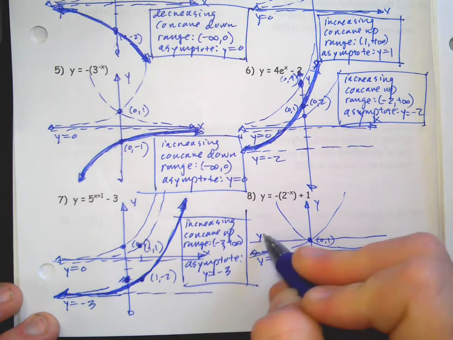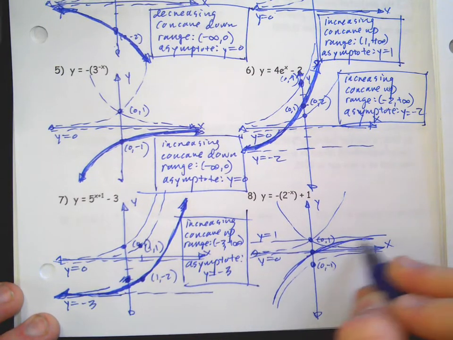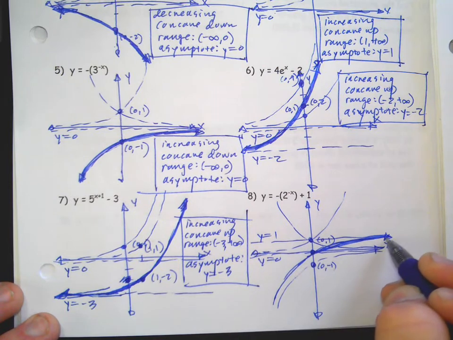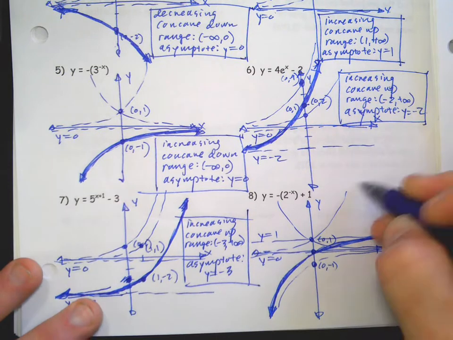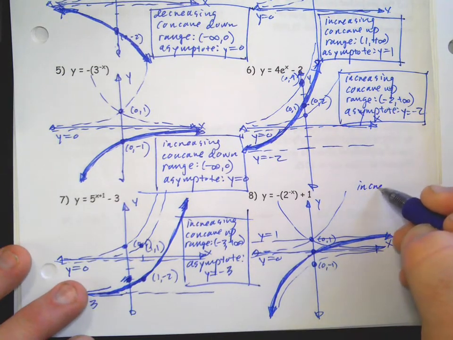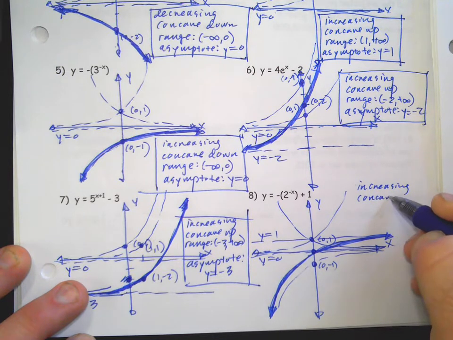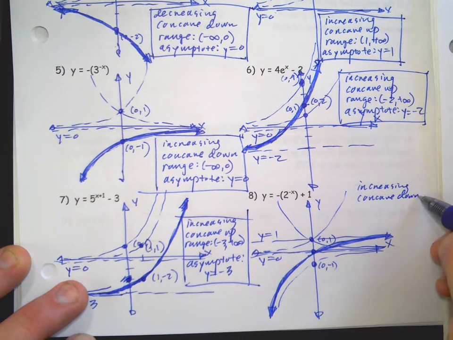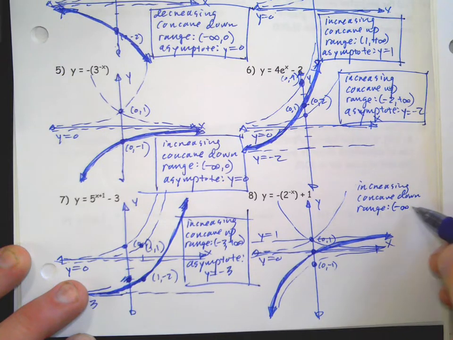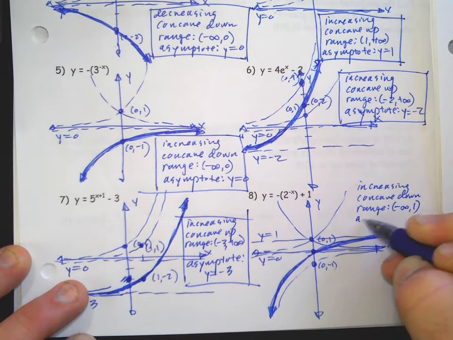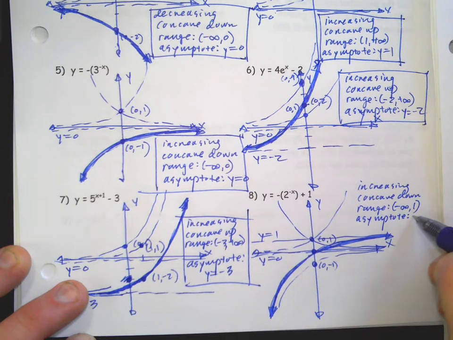So your horizontal asymptote is y equals 1 now. And so your graph is increasing, concave down, range is negative infinity to 1, and the asymptote is y equals 1.